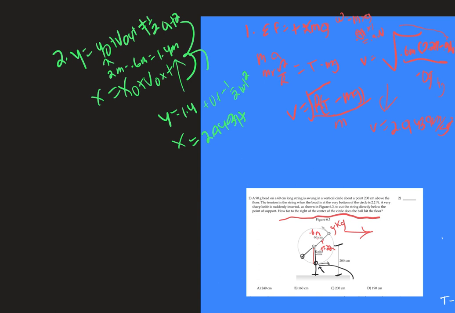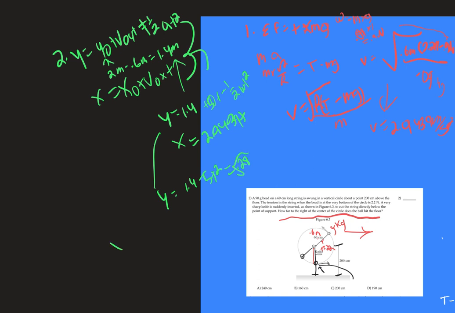So for the y component, 1.45 t squared gives us t equals 0.28, square rooted.